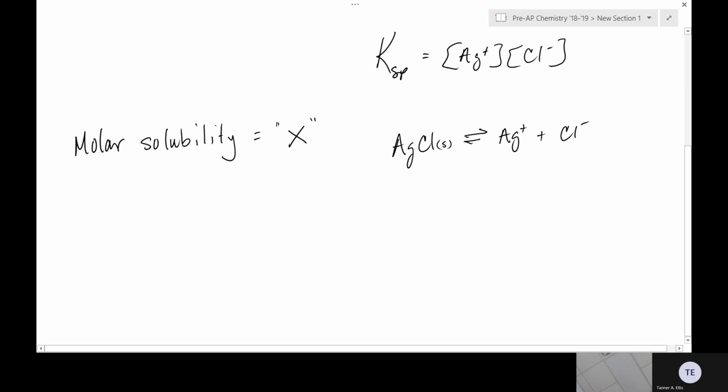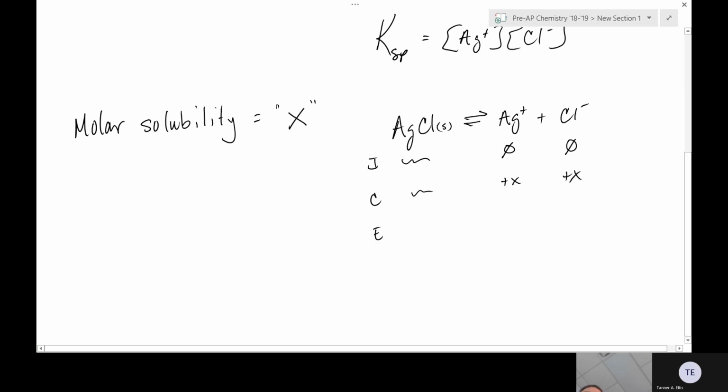Initially, what value of silver do I have? 0. What value of chloride do I have? It's also 0. The solid doesn't matter. Is everybody with me there? What's my change going to be? This will be a plus x. This will be a plus x. Everybody with me? At equilibrium, I have x and I have x.